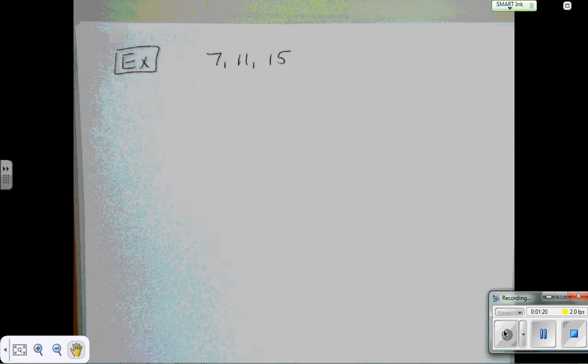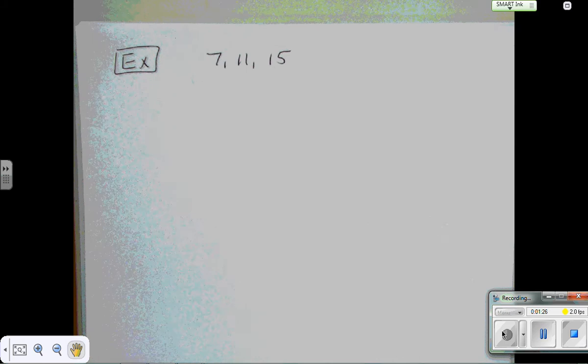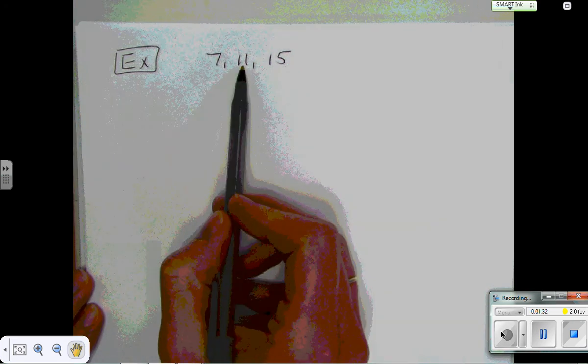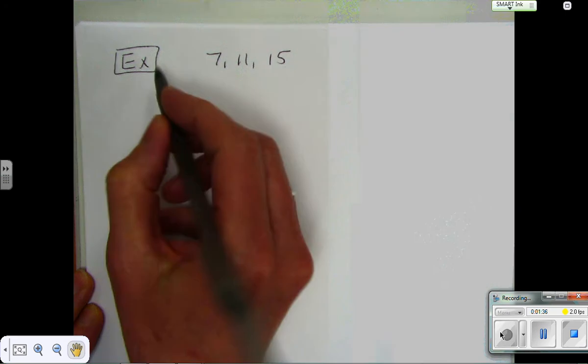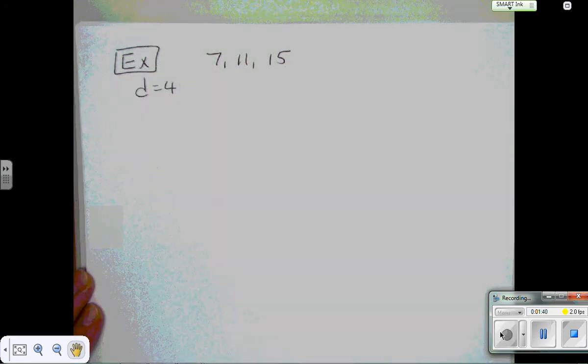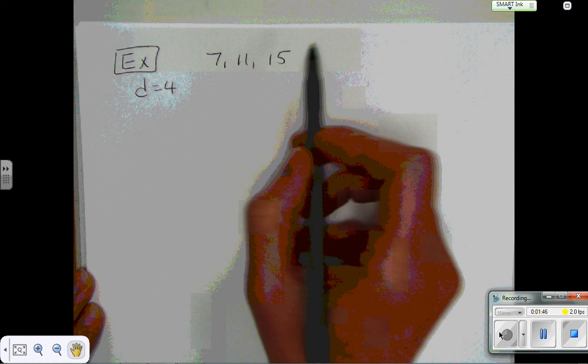All right, so first we're going to find the next 4 terms and then graph the first 7 terms of the sequence. Find the common difference by subtracting 2 consecutive terms. So I can take 15 minus 11 or 11 minus 7. It doesn't really matter. Either way I do it, I'm coming up with the difference is 4. So to get the next 4 terms, I'm just going to add 4 to the number before it.